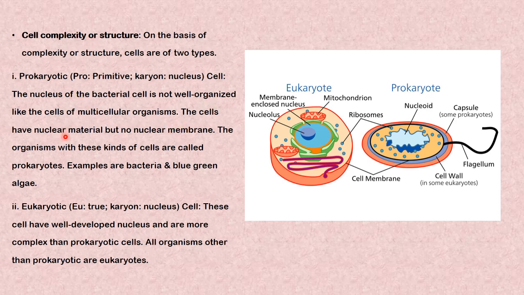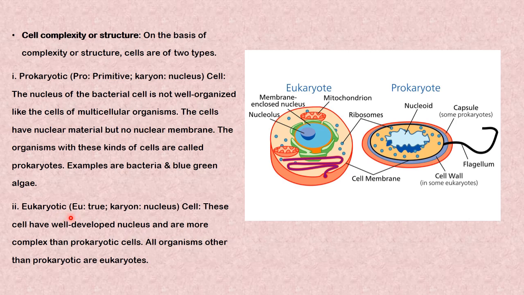The cells have nuclear material but no nuclear membrane. In other words, a prokaryotic cell doesn't have a true or clear nucleus. The organisms with these kinds of cells are called prokaryotes. Examples of prokaryotes are bacteria and blue-green algae.